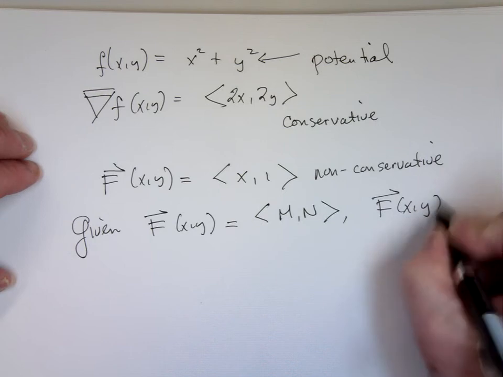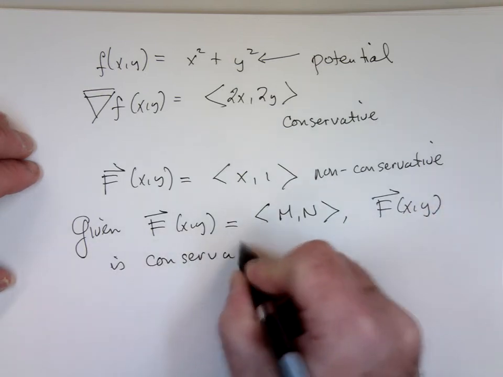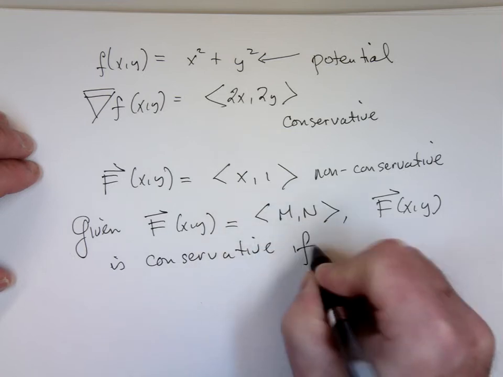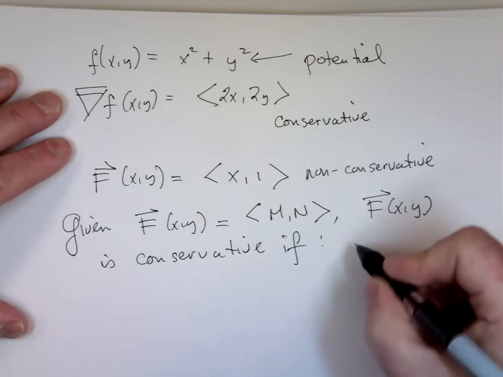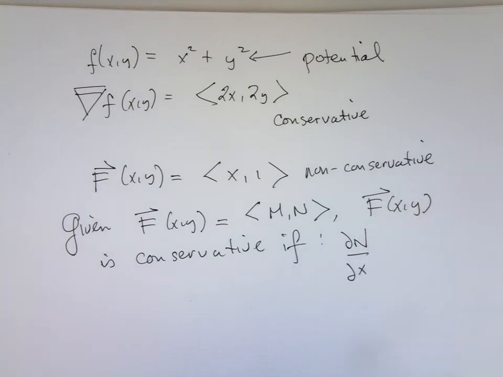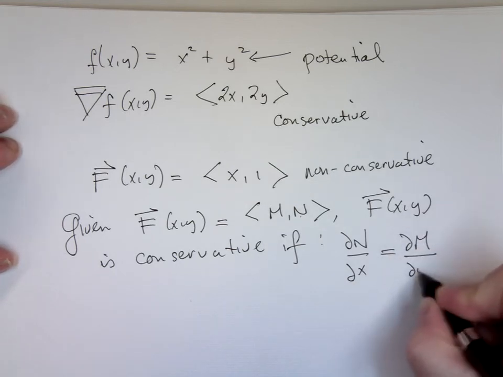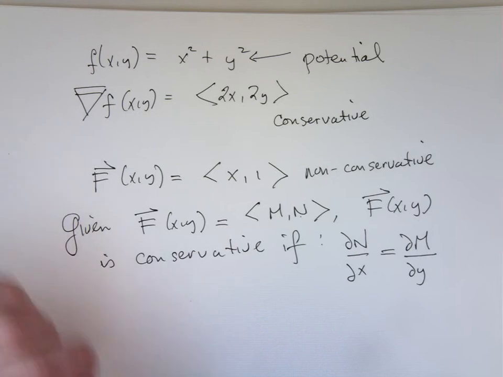It's conservative if the partial of n with respect to x, which is somewhat counterintuitive since you take the second one with respect to x, is equal to the partial of m with respect to y. If that's the case, the field's conservative and it has a potential function that we are going to be very much interested in.